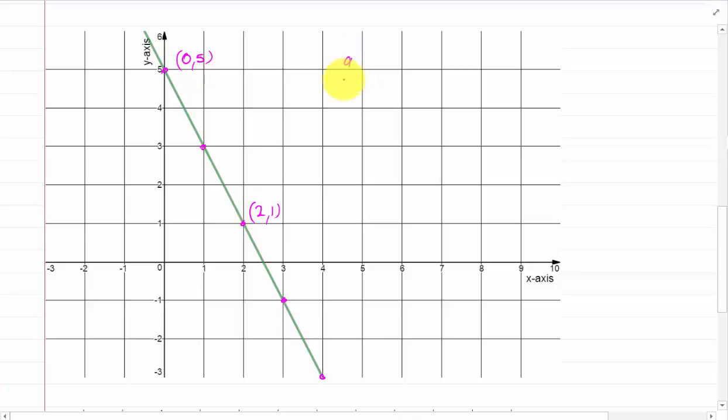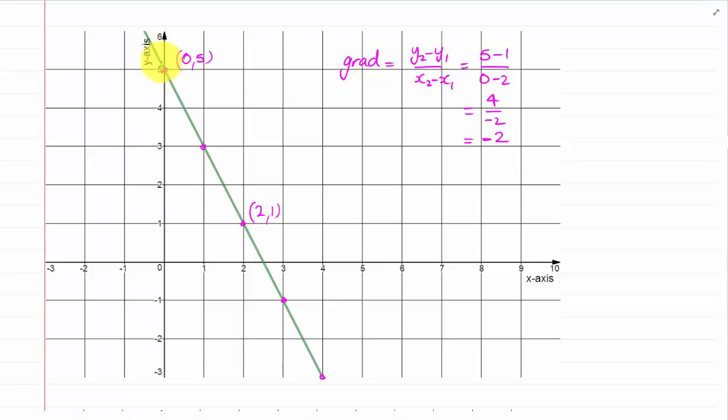So the gradient is equal to y2 minus y1 over x2 minus x1, which is 5 minus 1 over 0 minus 2, which is 4 over negative 2, which is negative 2.